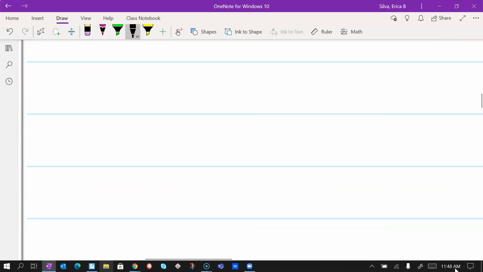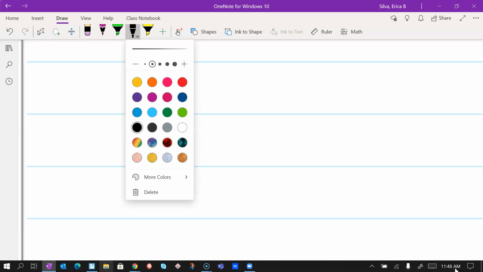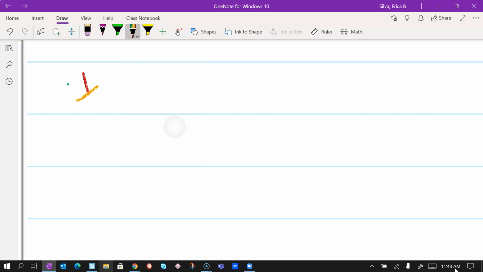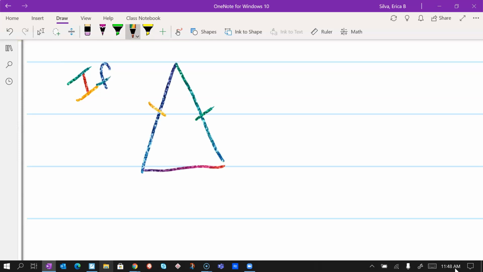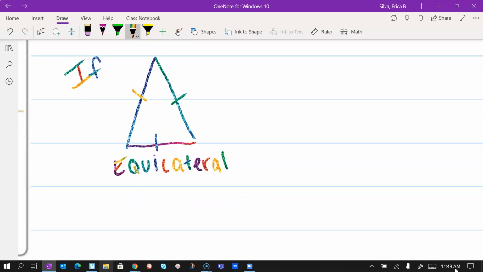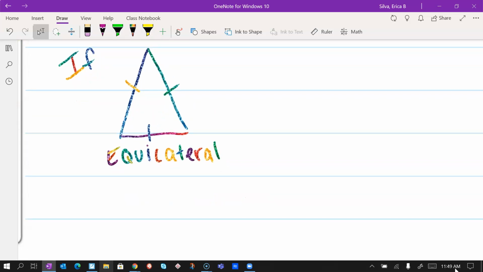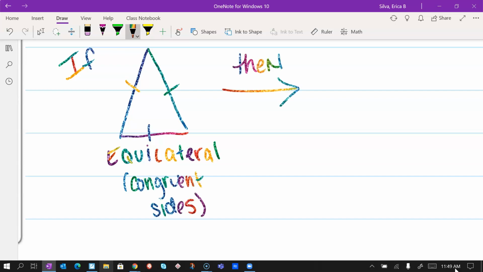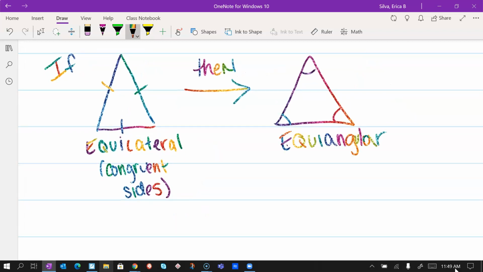So let's use my own colors. So we're going to say if equilateral, remember equilateral is same or congruent sides, then equiangular, which means congruent angles.